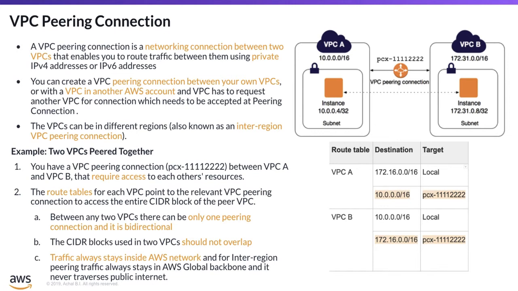And we also tried to understand security groups and network ACL. So these were the firewalls provided by VPC, and we understood that the security groups are at instance level, and network ACLs are at VPC level, which are connected to subnets.